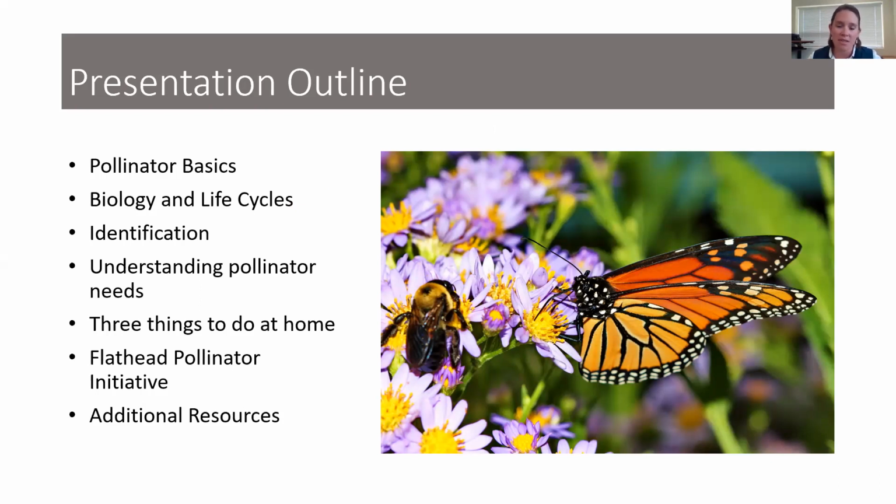So we'll go into understanding those needs, and then we'll talk about the 3 things that you can do at home. That'll sort of tie it all together and be those key takeaway points. And then, like I mentioned, we'll talk about the Flathead Pollinator Initiative, and then we'll wrap up with some additional resources that you guys can check out for more information if you want to. And then at the very end, as Michaela mentioned, we'll do a discussion and a question and answer session.